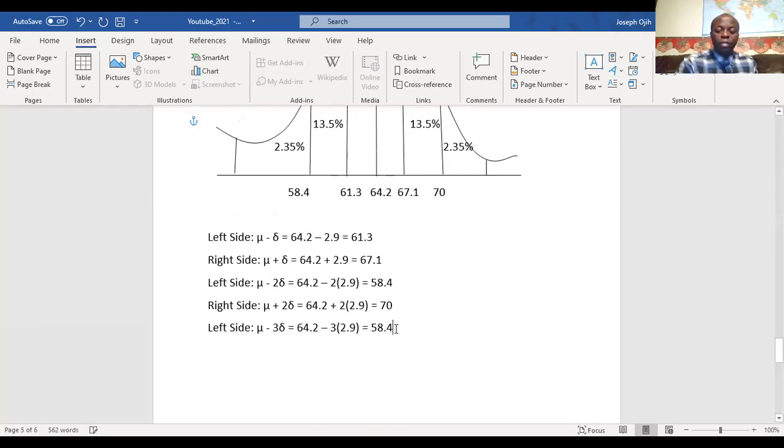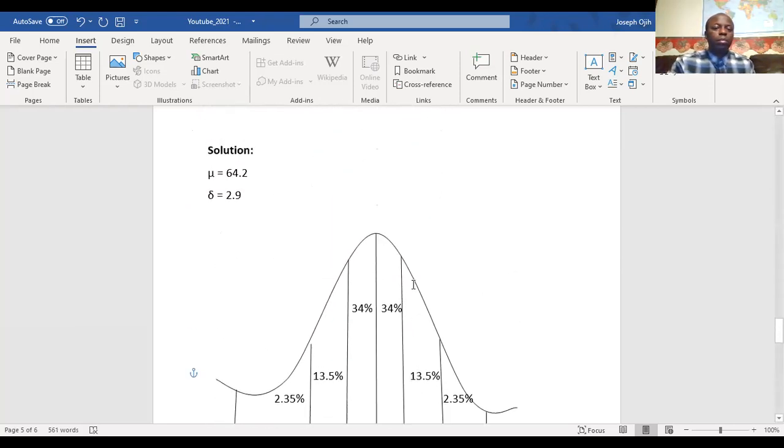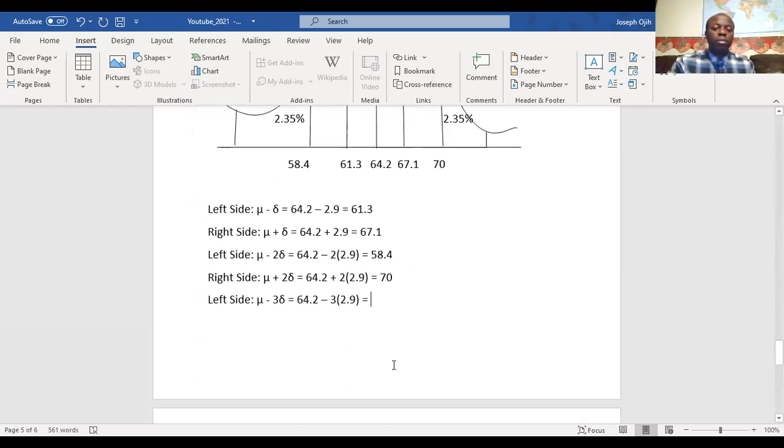Let's see what answer it will give us. Write it down: 64.2 minus 3 times 2.9. Okay, let me take you to the decimals.